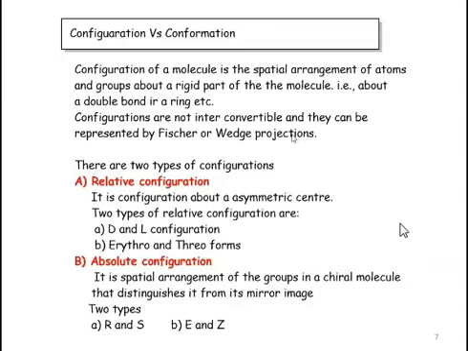There are two types of relative configuration. We saw them earlier when we talked about DL isomerism or DL stereoisomers, or erythro and threo forms of enantiomers. That time we came across these types of configurations. What are erythro and threo forms? D and L. Do you remember the carbohydrates and amino acids we discussed in detail when we discussed optical isomerism or stereoisomerism of unit 1?